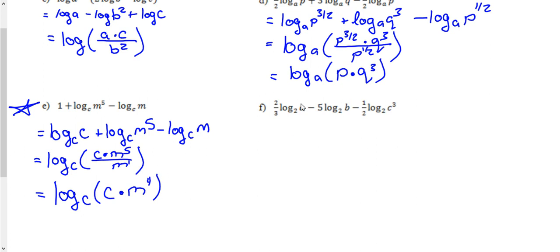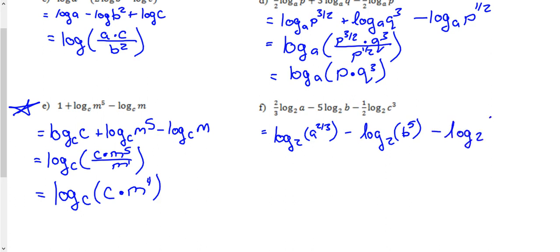And over here, again, I'm going to start by getting rid of all my coefficients by moving them up. So I have log base 2 of a to the 2/3 minus log base 2 of b to the 5 minus log base 2 of c cubed, and that is going to be multiplied together by the 1 over 2.